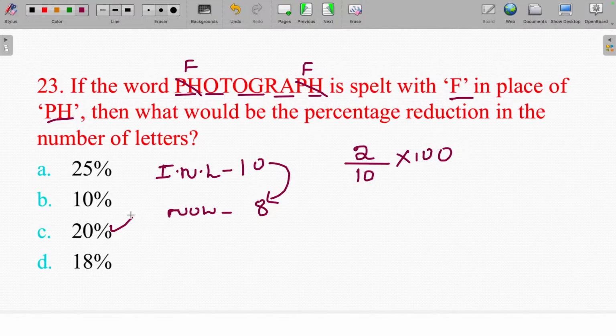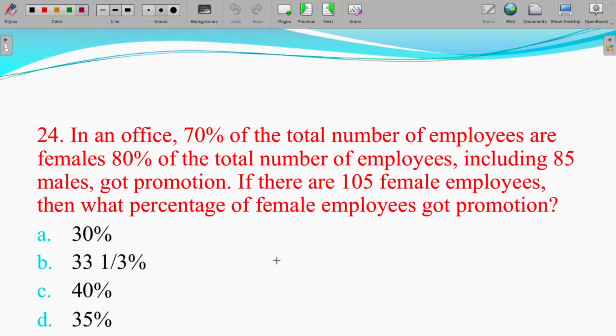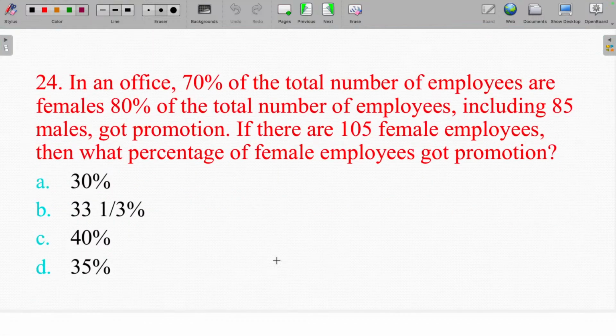Okay, next, you solve this question. This is an easy question. In an office 70% of the total number of employees are female, 80% of the total number of employees including 85 males got promotion, if there are 105 females.